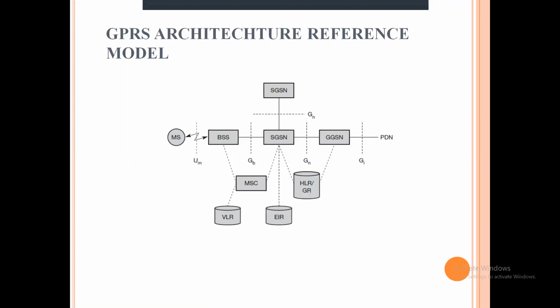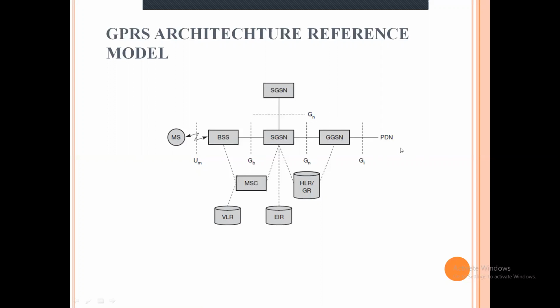I'm repeating once again. We'll give a short explanation of the GPRS architecture. Here in this GPRS architecture, these are the components, and this diagram represents the GPRS architecture reference model. The communication happens between the public data network and the mobile station.